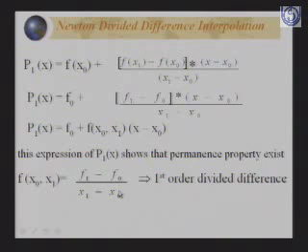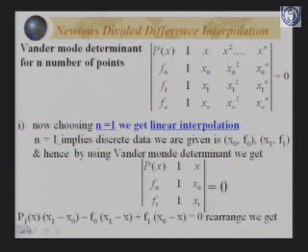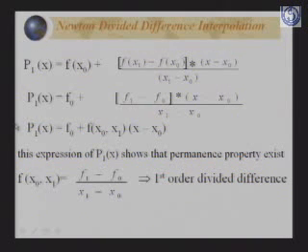Now, after rearranging, this equation is very important: P1(x), x1 minus x0 is minus f1, because it is the rearrangement of this equation only which provides the Newton divided difference method as well as the Lagrange interpolation method. So after rearranging, you find that the interpolating polynomial for n equal to 1 will be f(x0) plus some term added into this, and that is nothing but your permanence property.